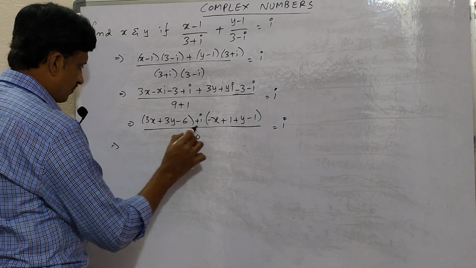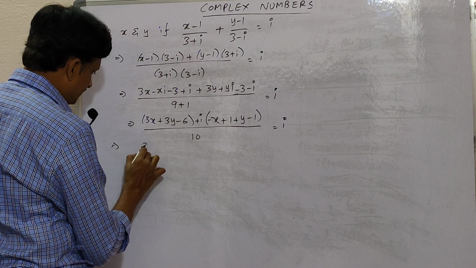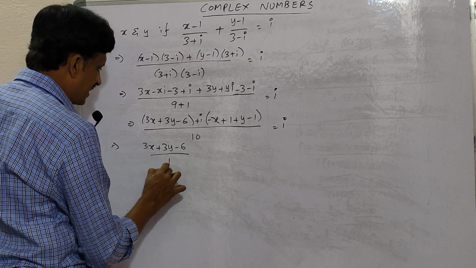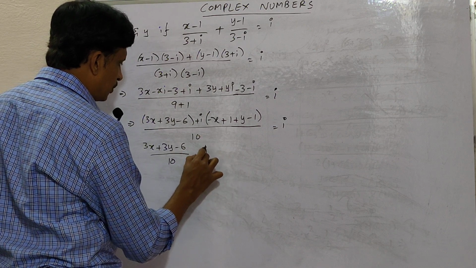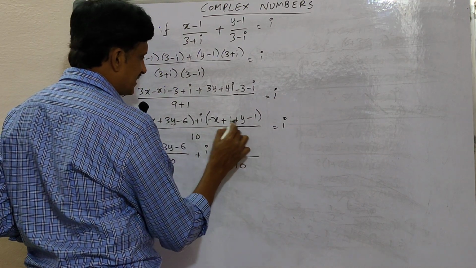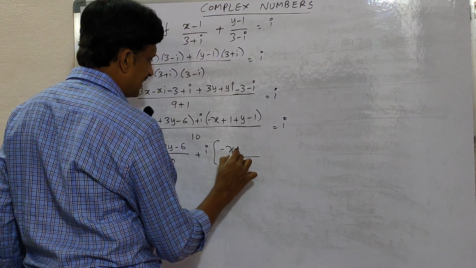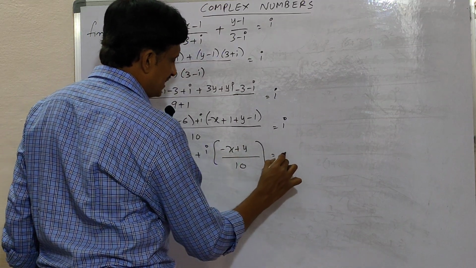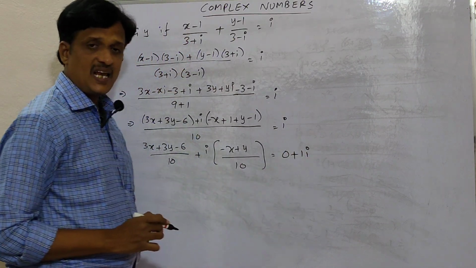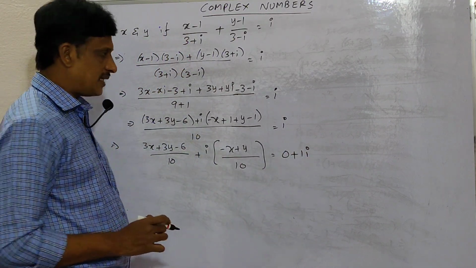So this is, here the real part is 3x plus 3y minus 6 by 10 plus i into imaginary part is, denominator is 10. 1 minus 1 gets cancelled, minus x plus y is there in the numerator. That is equal to i means 0 plus 1 into i you can write. Real part is 0, imaginary part is 1.